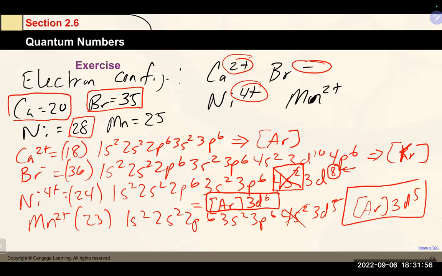Question on how to write electron configuration for things with charges, both representative and transition metals. It's always the transition metals, so it's always these guys here. So it's basically transition metals from here to where zinc is and down. So all these guys will always lose off the s electrons.